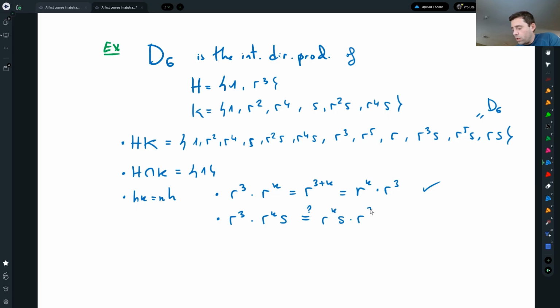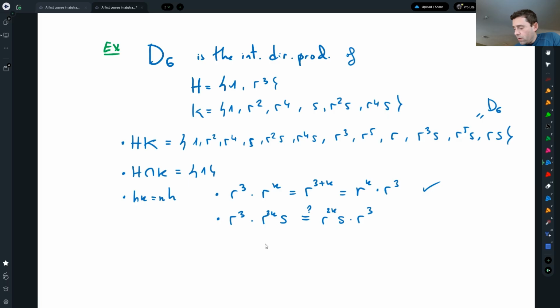S times R cubed? Okay, so well, what I need to know is if I guess these powers of R that appear are even. So let me just write them as R to the 2k S. I need to check if this is true. So what I need to know is, is this equal to that?